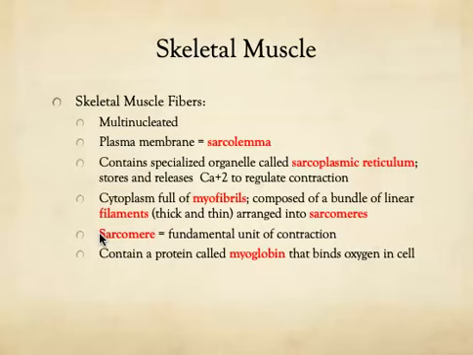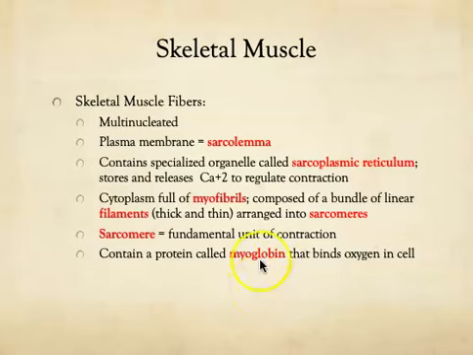One other feature of muscle fibers to note is that they contain a protein called myoglobin. Myoglobin is a protein that can bind gases like oxygen and hold on to those gases. Like the name suggests, myoglobin is related to the protein that we've talked about before called hemoglobin.